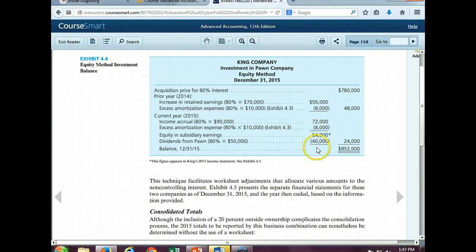And then those dividends, we're not going to show those dividends. You know, we basically reduce, depending on which method we use, they distributed those dividends. But for our purposes, because we need to show equity, that portion of the income as our equity in it, we're going to take $64,000.